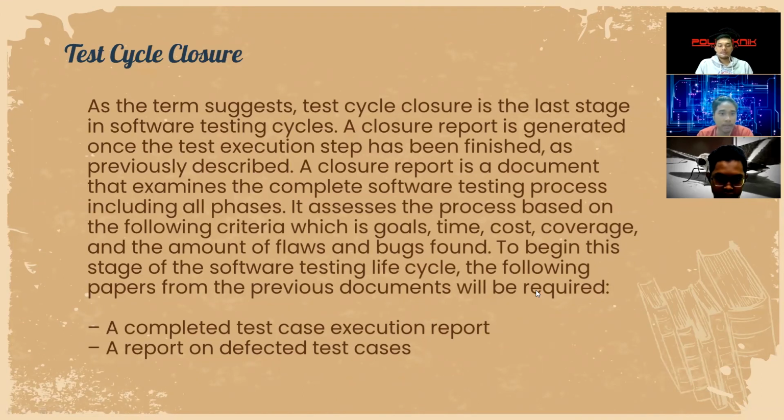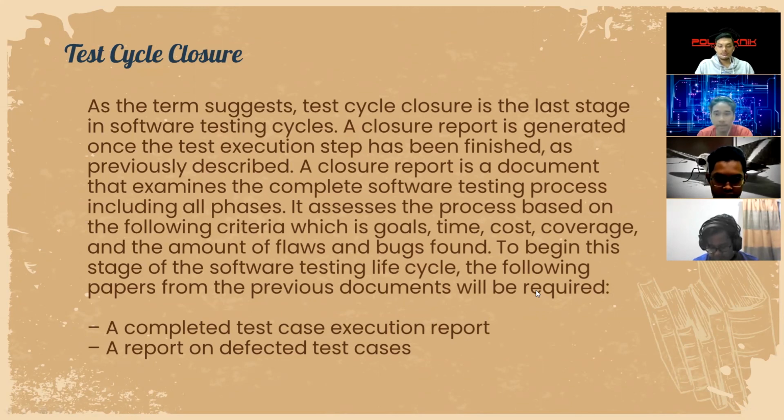Test cycle closure. As the term suggests, test cycle closure is the last stage in the software testing cycle. A closure report is generated once the test execution step has been finished. As previously described, a closure report is a document that examines the complete software testing process, including all phases.